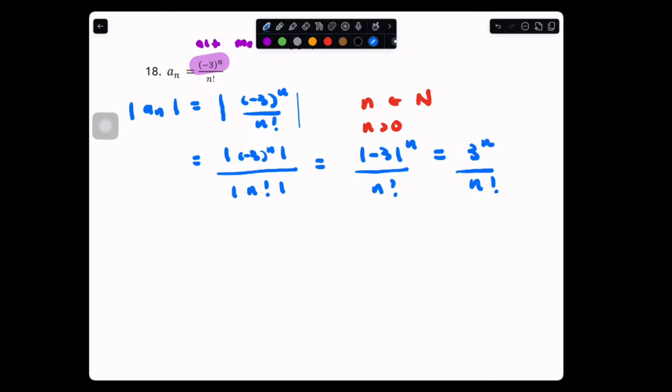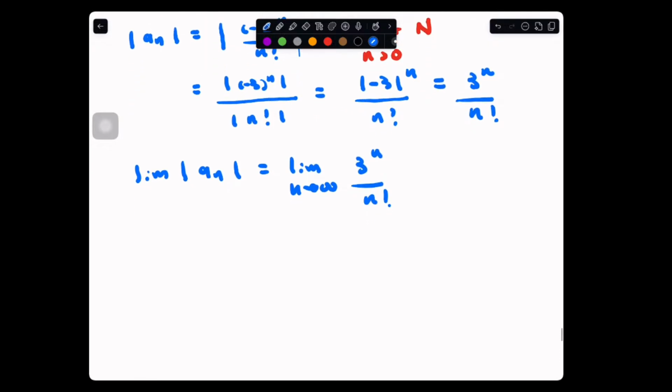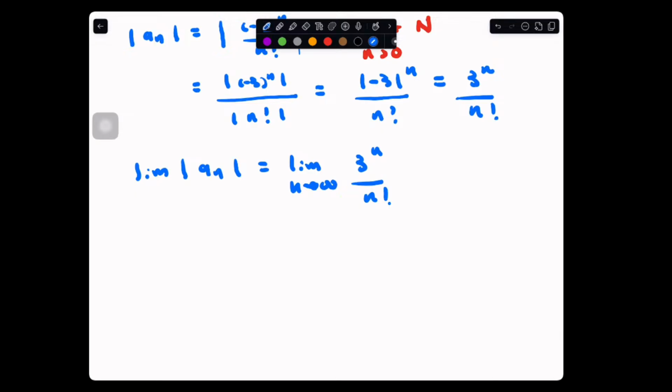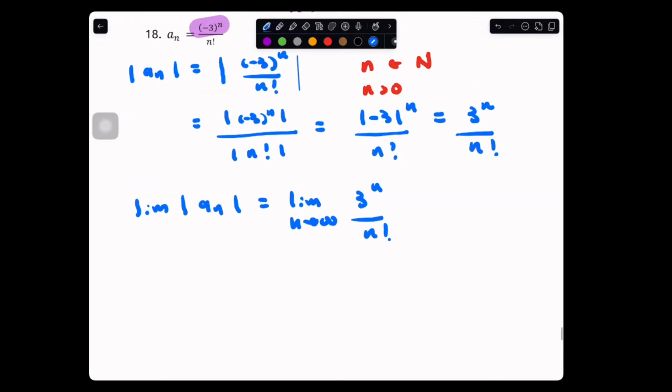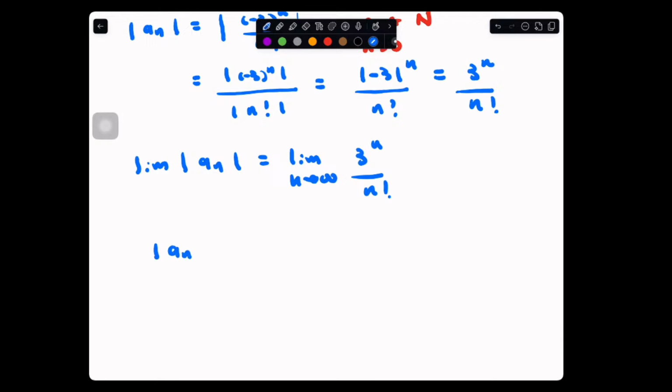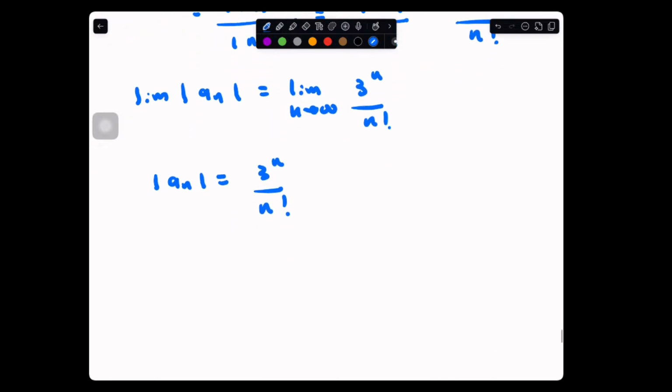So we're going to now look at the limit here of the absolute value, which will be the limit of 3 to the n over n factorial as n goes to infinity now. Okay. Now, let's really take a closer look here at the terms of what this is by definition.